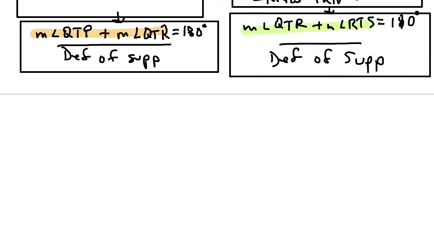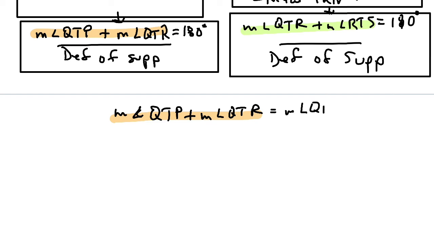And so we're going to say now that the measure of angle QTP plus the measure of angle QTR, that's the orange, is equal to the measure of angle QTR plus the measure of angle RTS.